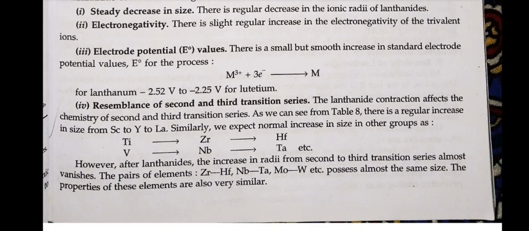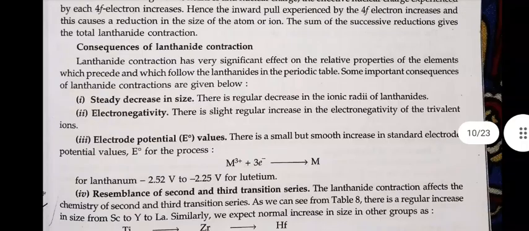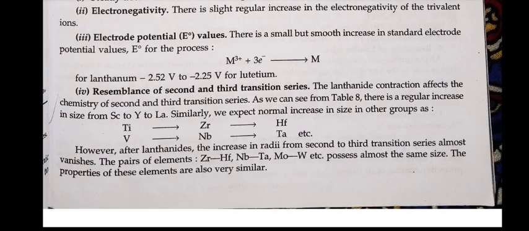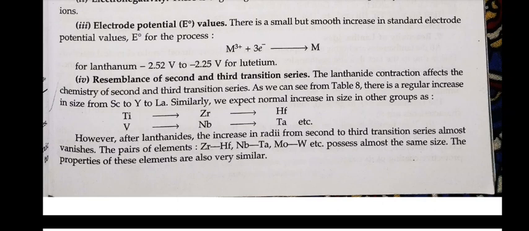Second, electronegativity. There is a slight regular increase. Third, electrode potential values. There is a small but smooth increase in the standard electrode potential values, E naught for the process M3+ plus 3 electrons gives M, from lanthanum, minus 2.52 volt, to minus 2.25 volt for lutetium.